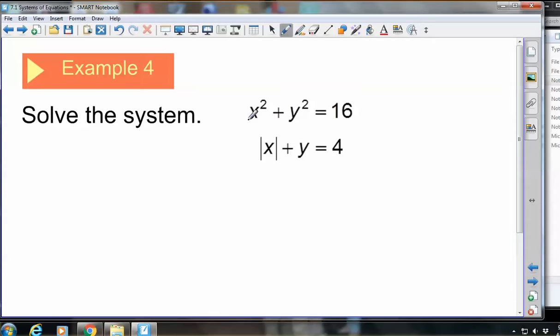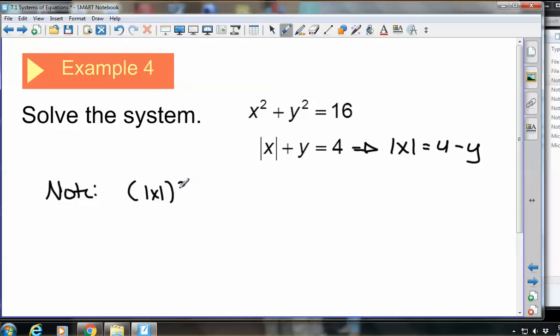Let's try substitution. I don't really want to use the first equation because I don't want to add square roots into my problem, so I'm going to take the second equation. Let's just solve for that absolute value. So the absolute value of x is equal to 4 minus y. I'm just writing this down to explain my thought process. I'm going to have to plug that in up here.